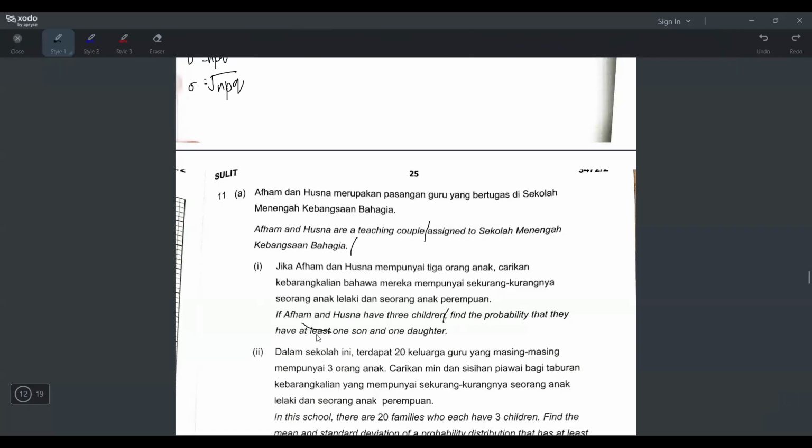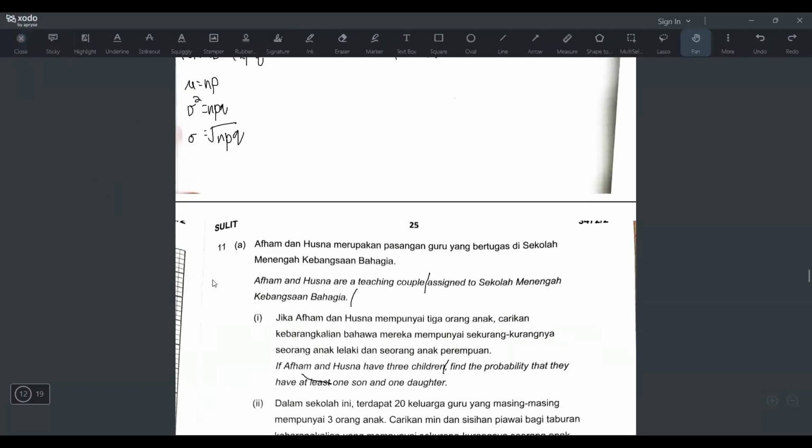And then they say find the probability that they have at least one son and one daughter. Don't look at the words at least first. Just look at one son, one daughter. So what does it mean here?